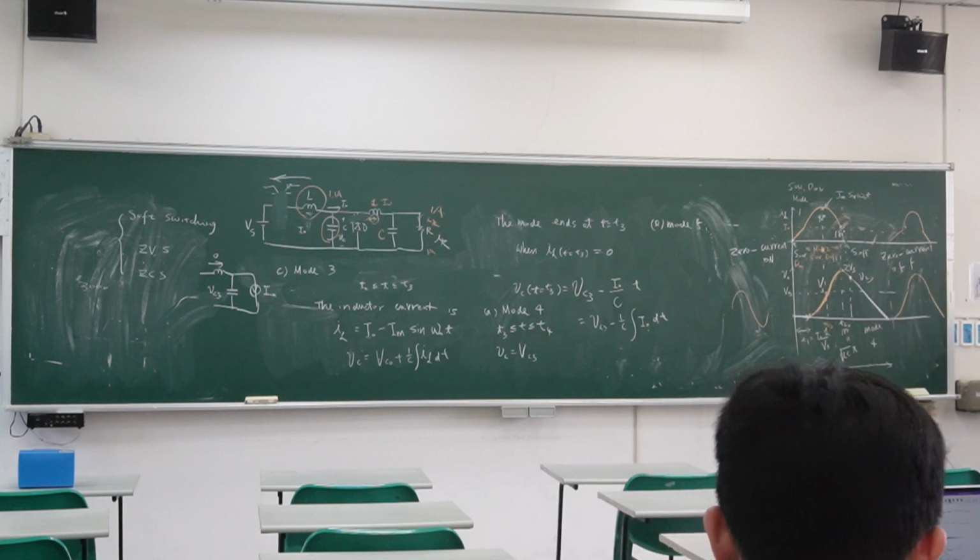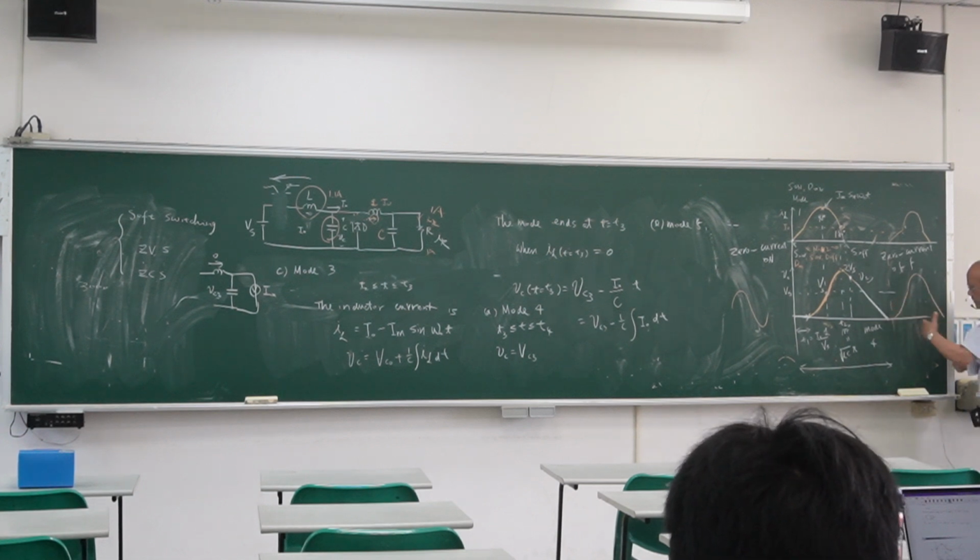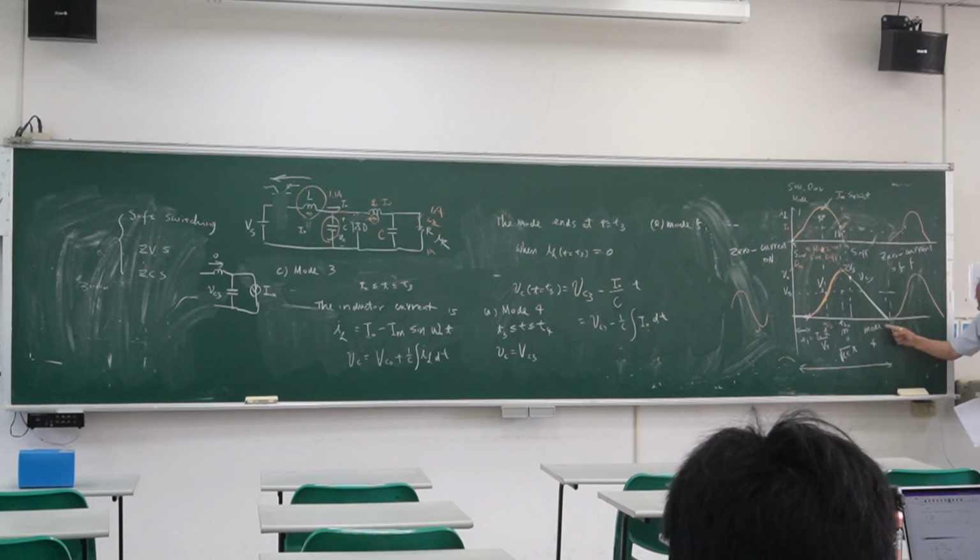If you want to trigger the switch, then next time you have to wait until after this point. You cannot trigger before this point, otherwise everything is messy because you need to repeat again.